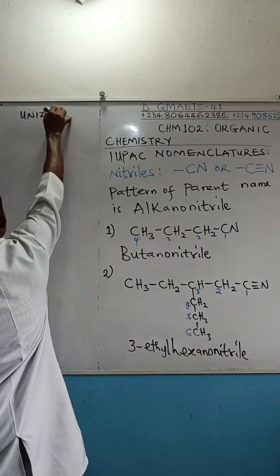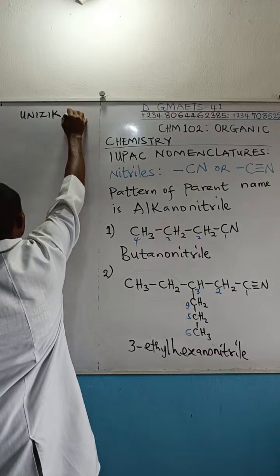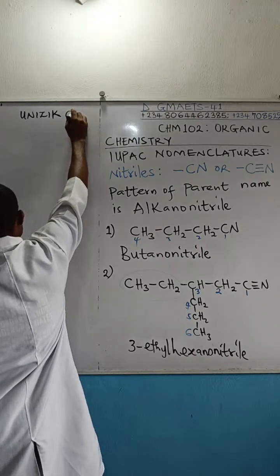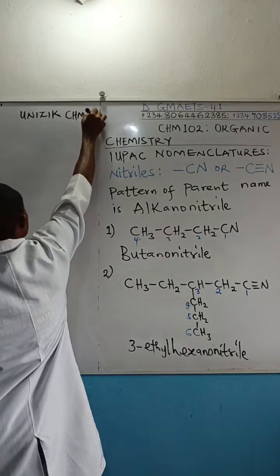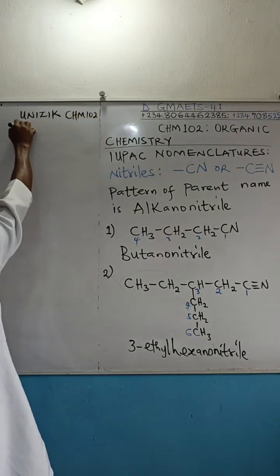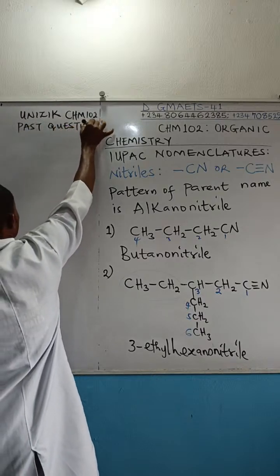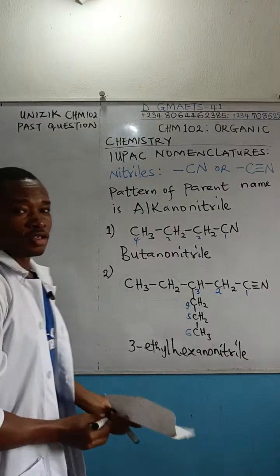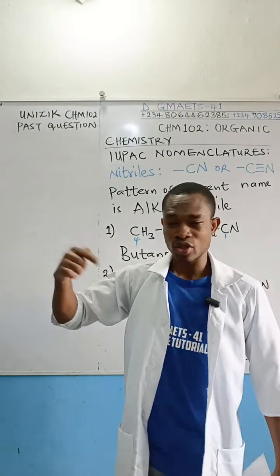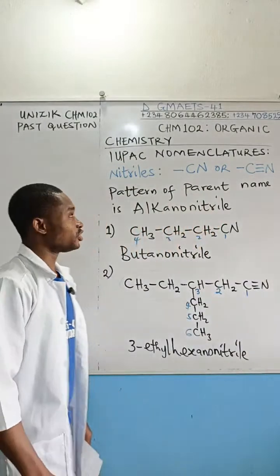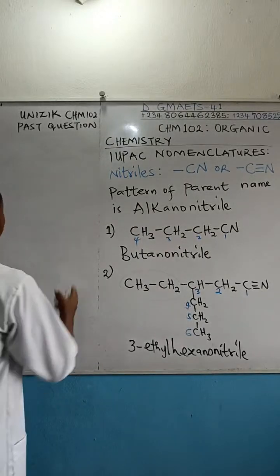Let me indicate UNIZIK Chem 102 past question. You know, the course used to be called Chem 101. The code was 101, but of course it changed, and so it's changed to 102, and we have to work in line with that now.